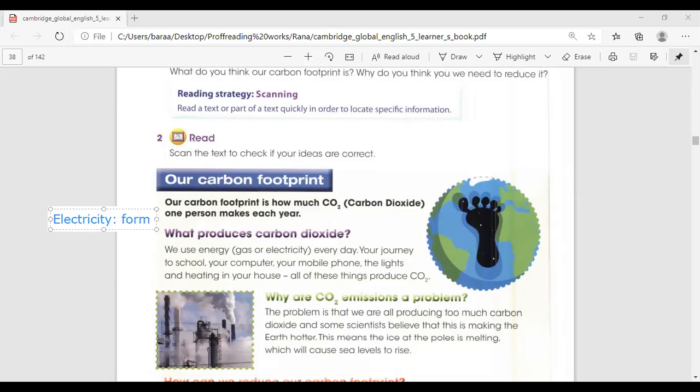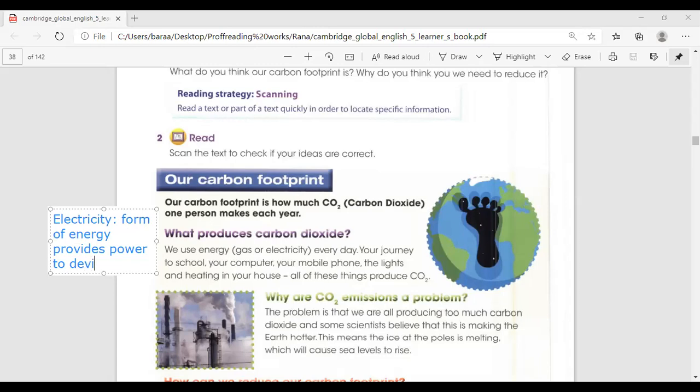Form of energy. A form of energy that produces what? That provide power to devices.